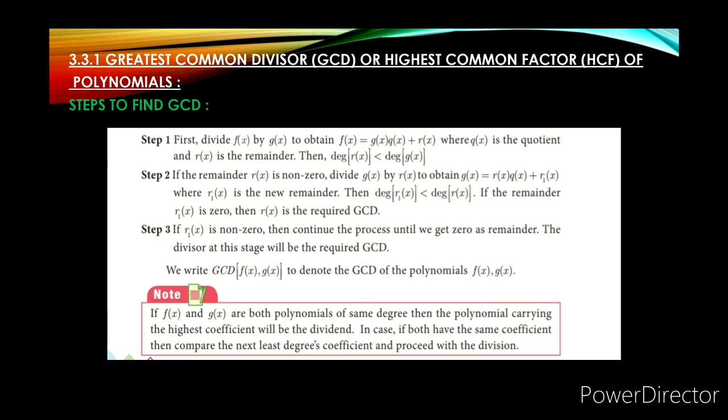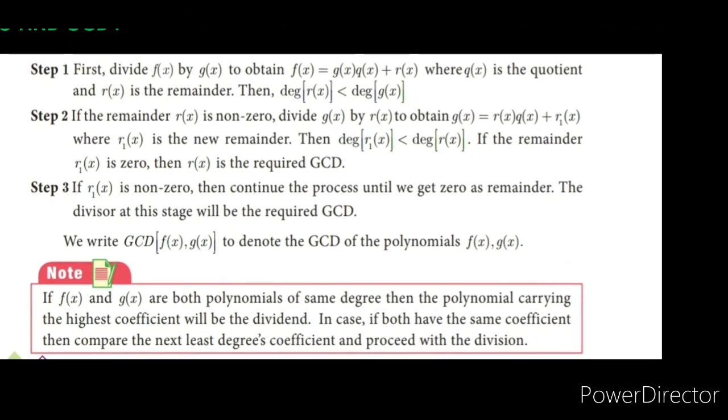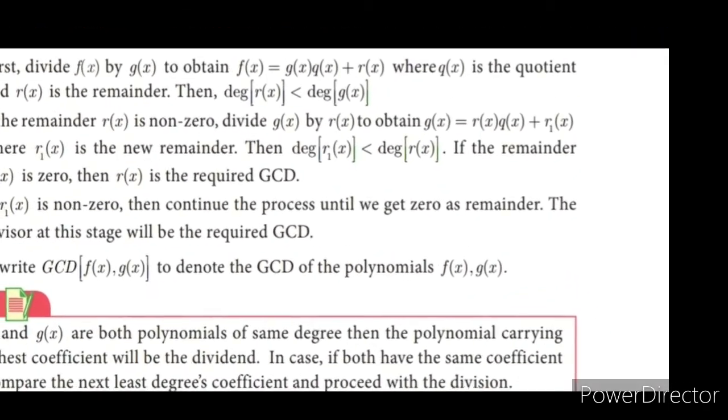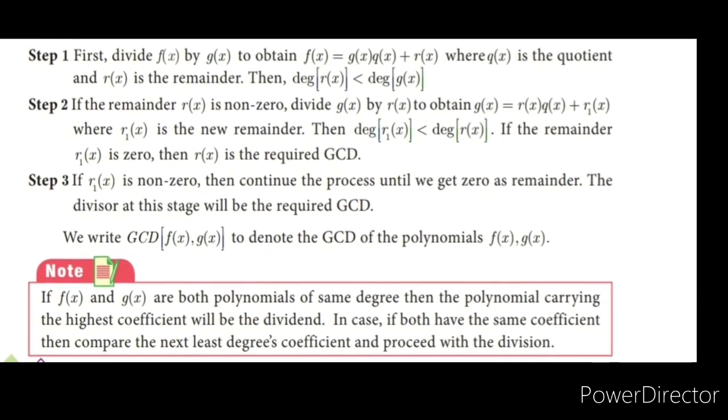So, that is why it is given: if f of x and g of x are both polynomials of the same degree, then the polynomial carrying the highest coefficient will be the dividend. In case both have the same coefficient, then compare the next least degree coefficient and proceed with the division.